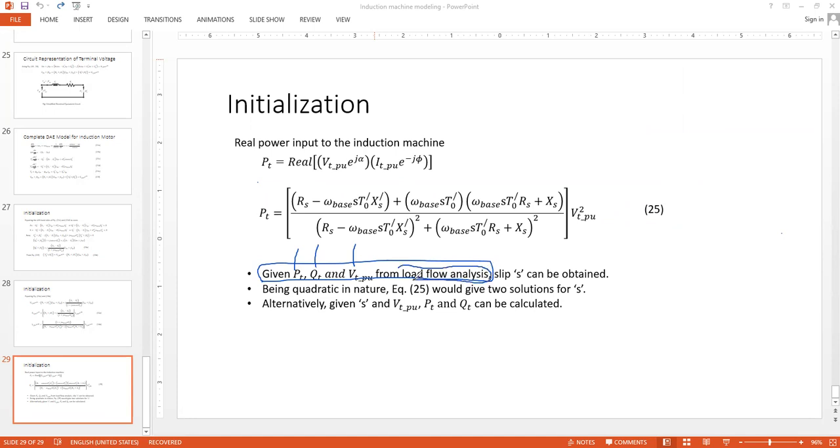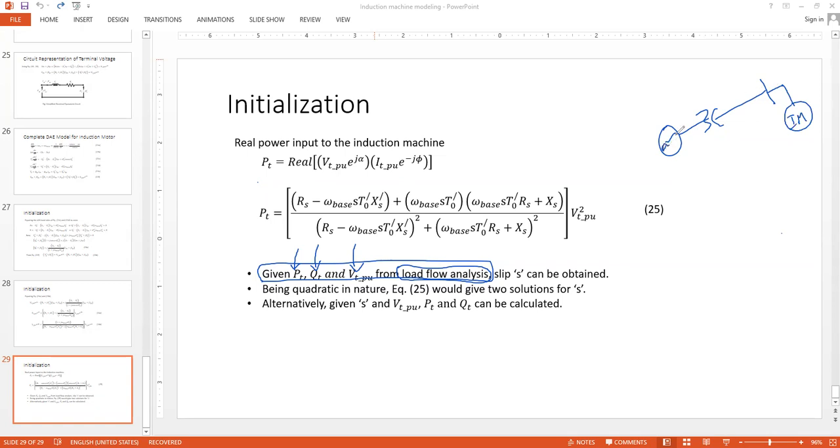In general, load flow analysis is done and you get the values for PT, QT, and VT at a certain bus. So let's say in a very big power system, this is your generator, transformer, transmission line, this is a bus, and at this bus you have an induction motor.